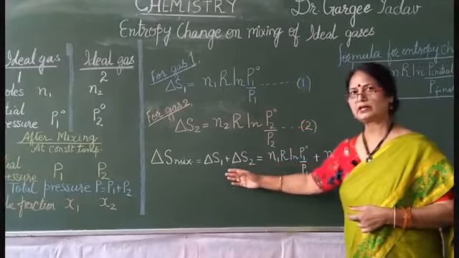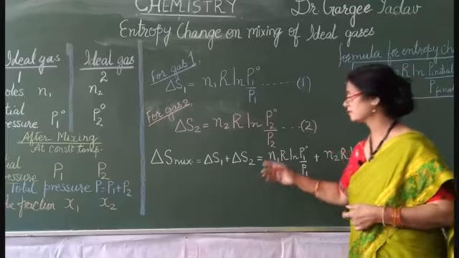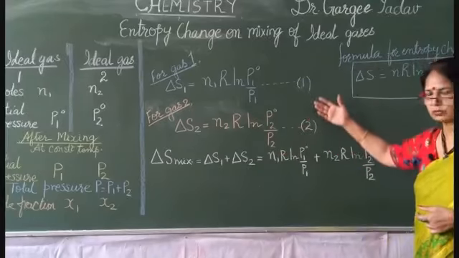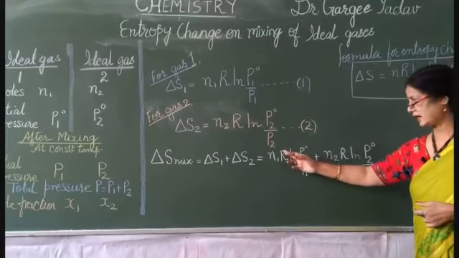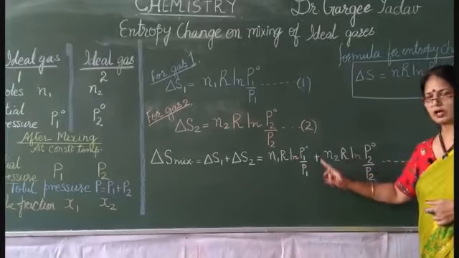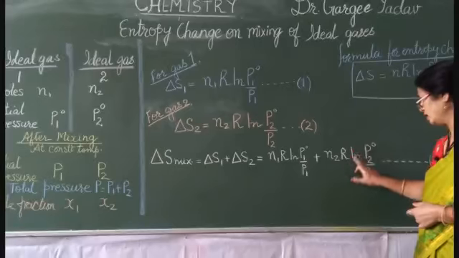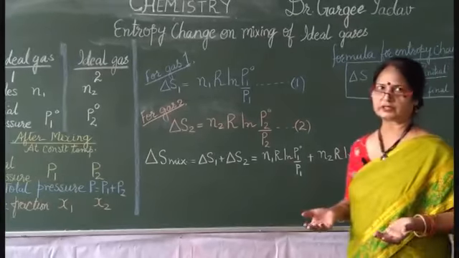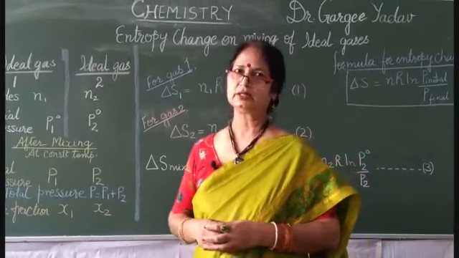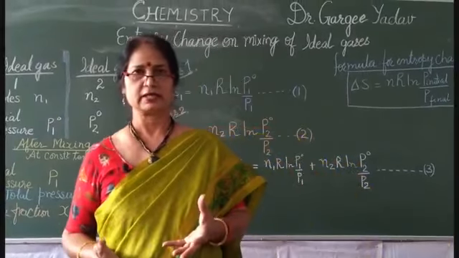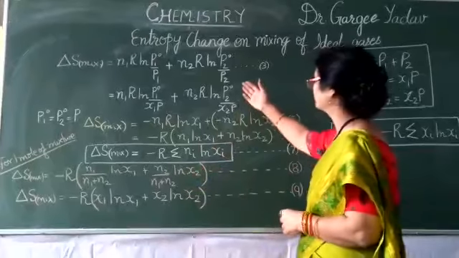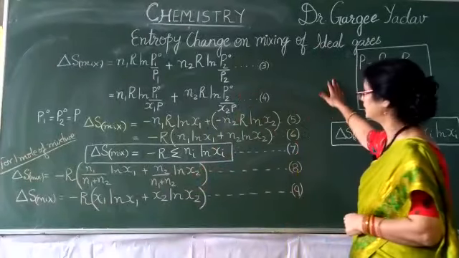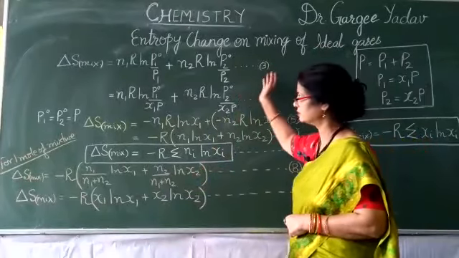The sum of these will be the addition of these two equations, which is N1 R ln P1 naught upon P1 plus N2 R ln P2 naught upon P2. Now we will do further calculations regarding the mixing of the ideal gases. This is the formula for the entropy change on mixing of ideal gas, equation number 3.